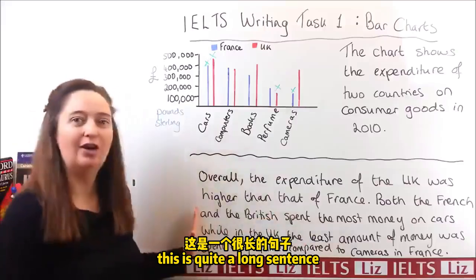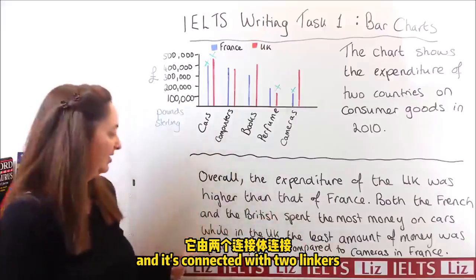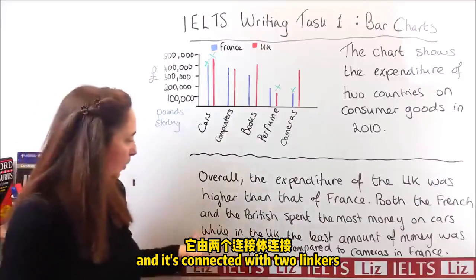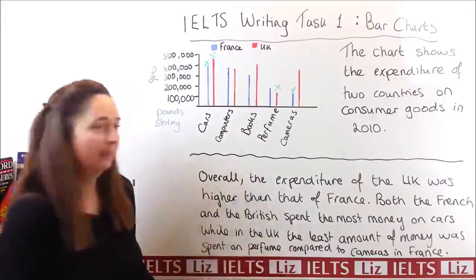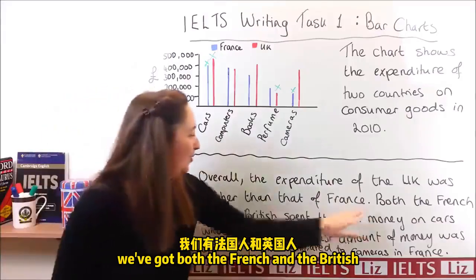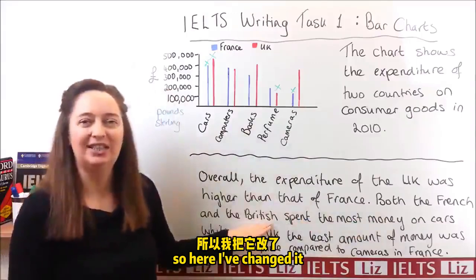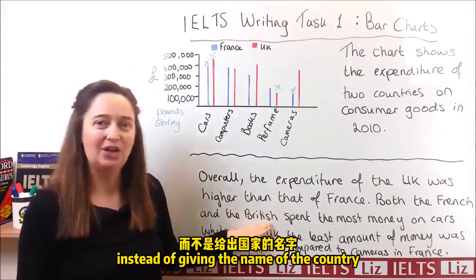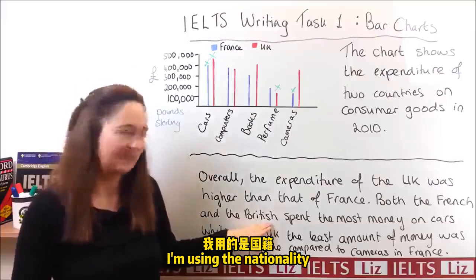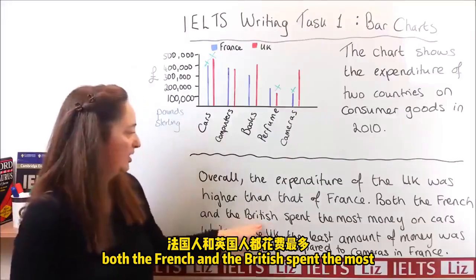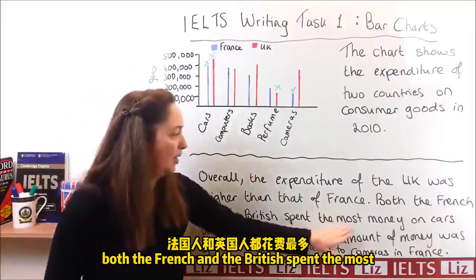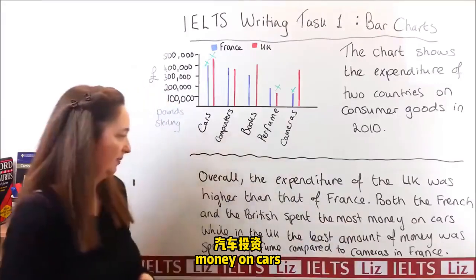Now we look at the next part. This is quite a long sentence and it's connected with two linkers. We've got while and compared to. So let's have a look. We've got both the French and the British. So here I've changed it. Instead of giving the name of the country, I'm using the nationality. Both the French and the British spent the most money on cars.